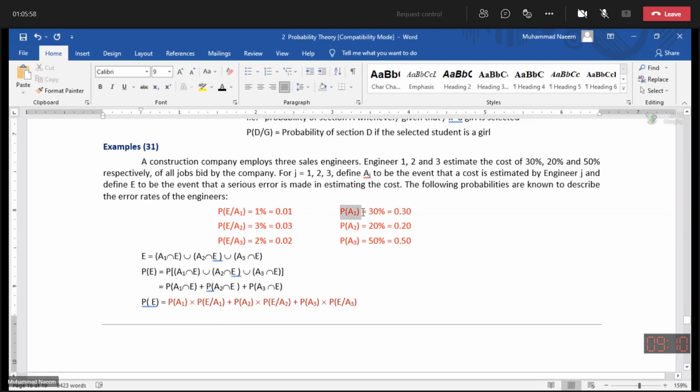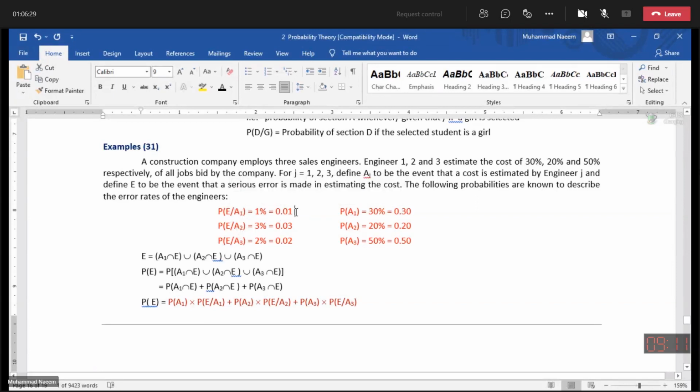Probability of A, the estimation of the cost by engineer 1, 30%. Estimation of the cost by engineer 2, 20%. Estimation of the cost by engineer 3, 50%. And also we have this information, probability of the error, probability of the mistake if cost is estimated by engineer 1.